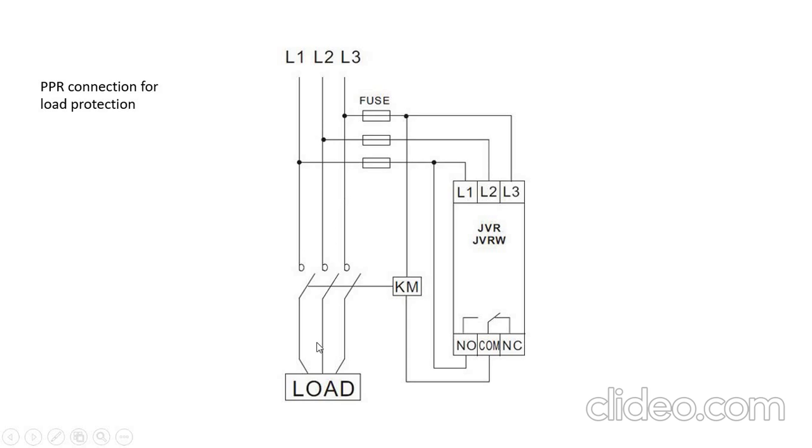It means that this load is going to be supplied by only two phases, and that is not good. And you want to prevent that from happening. So what you do is this relay is checking all the phases, and it sends a signal to this contactor, which is just going to open up to protect the load.